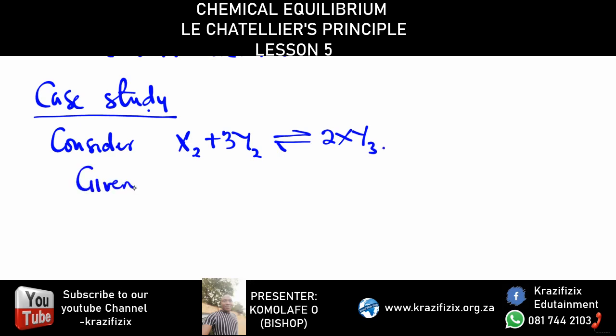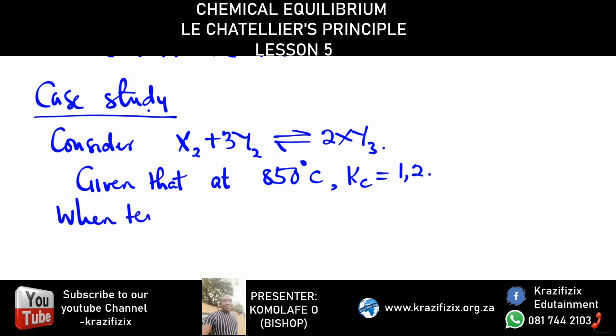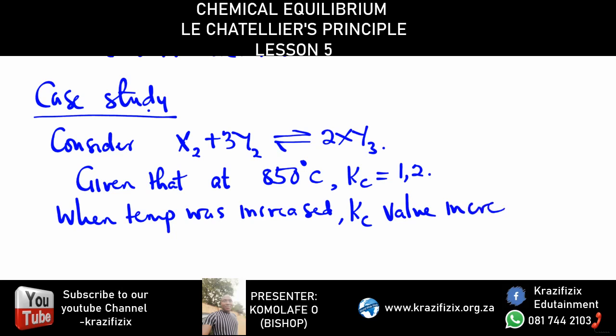Given that at 850 degrees Celsius, Kc is 1,2. When temperature, I'm just creating a question quickly, was increased, Kc value increased.